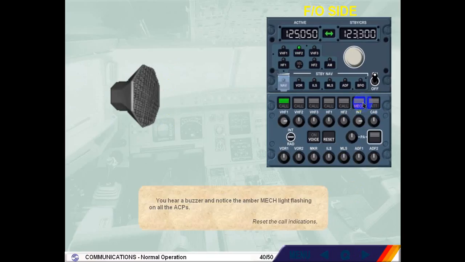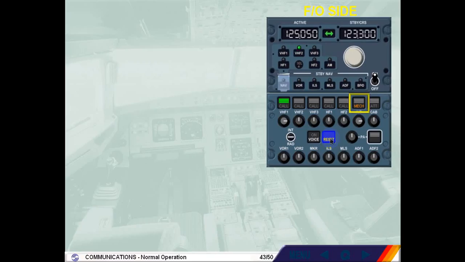Reset the call indications. Now select the reset button on the ACP. The MEC light is automatically cancelled after 60 seconds or when the reset push button is pressed on any ACP.